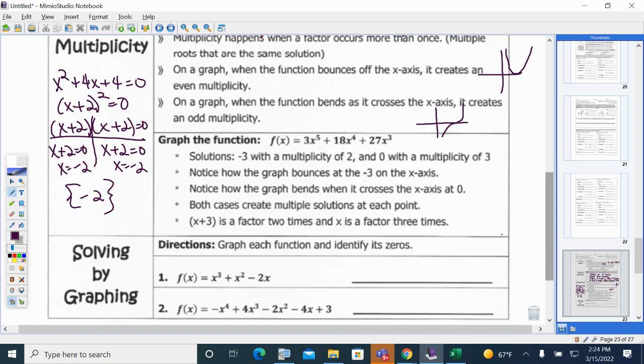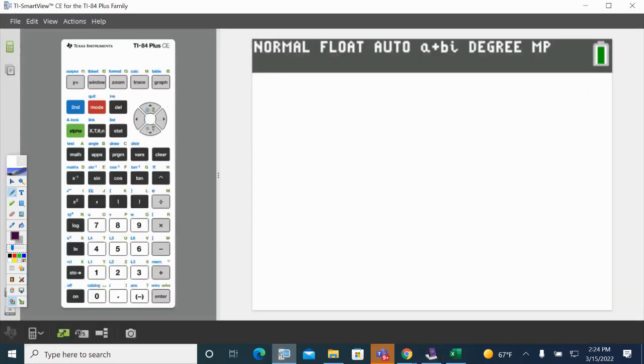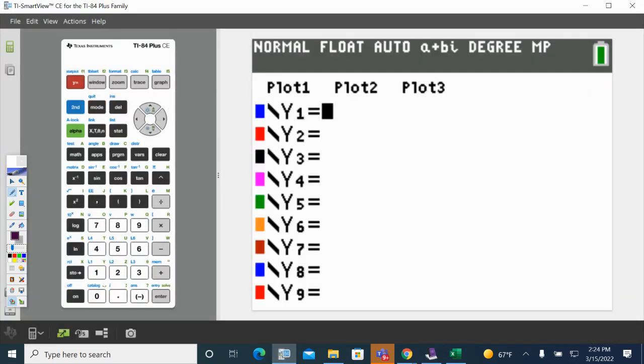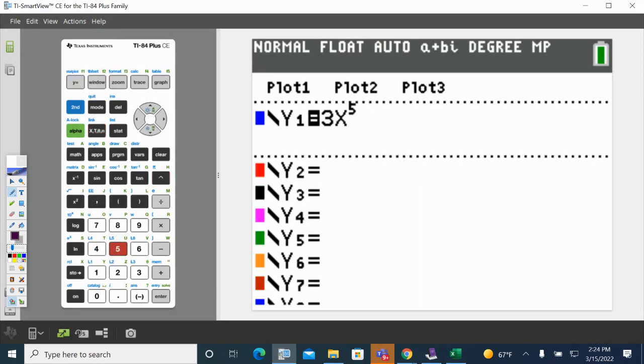So I want us to graph the function 3x to the 5th plus 18x to the 4th plus 27x cubed, and you're going to see an example of what's going on there. So I'm going to go to y equals, and I'm going to graph that 3x to the 5th power plus 18x to the 4th power plus 27x to the 3rd power.